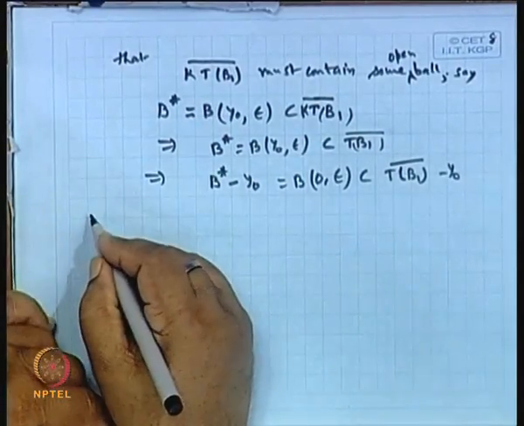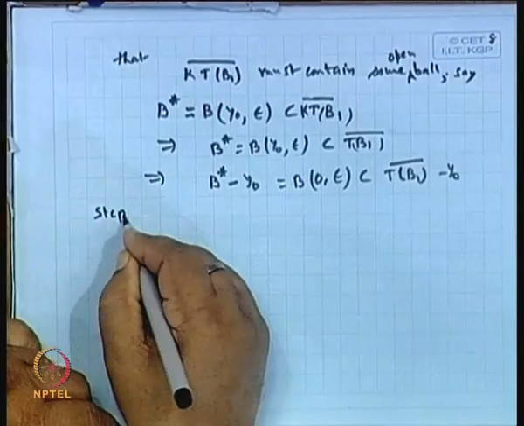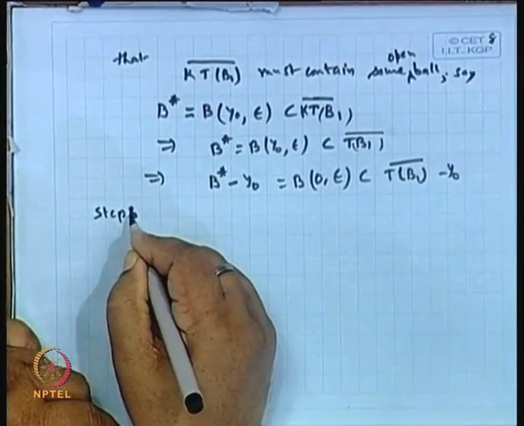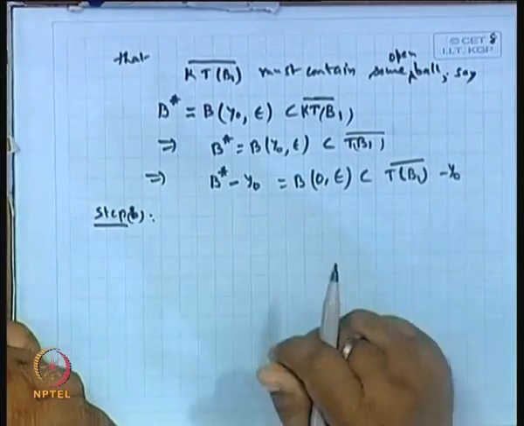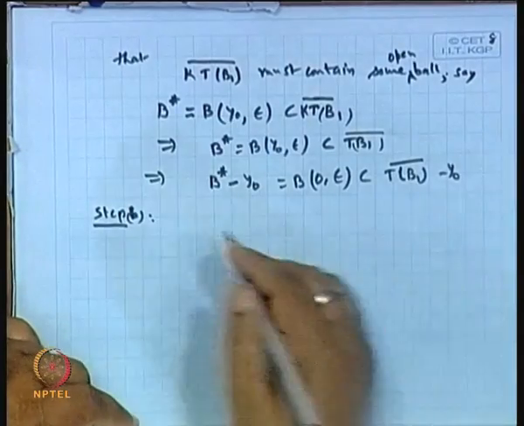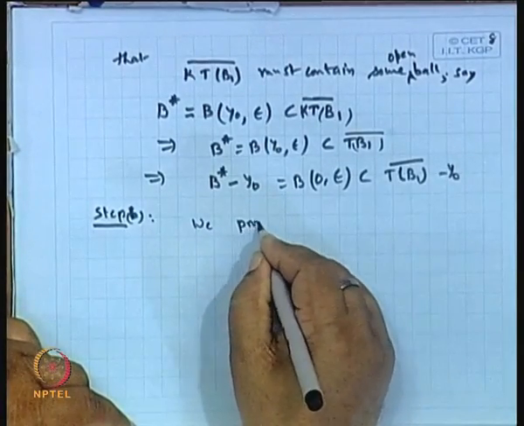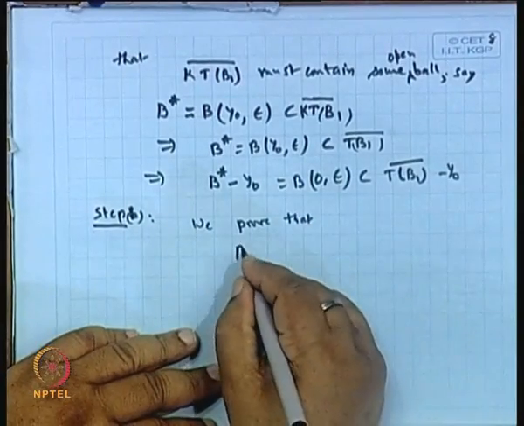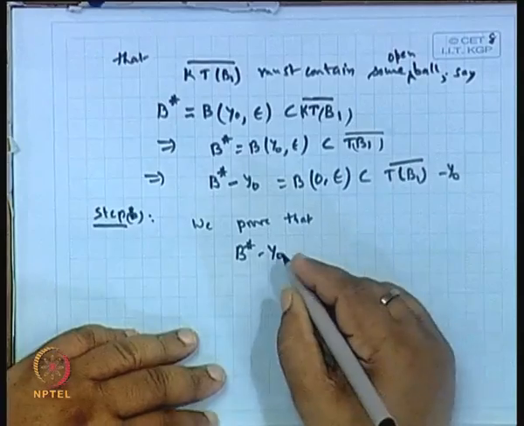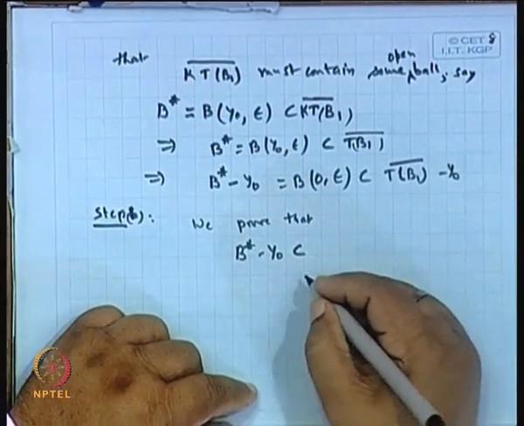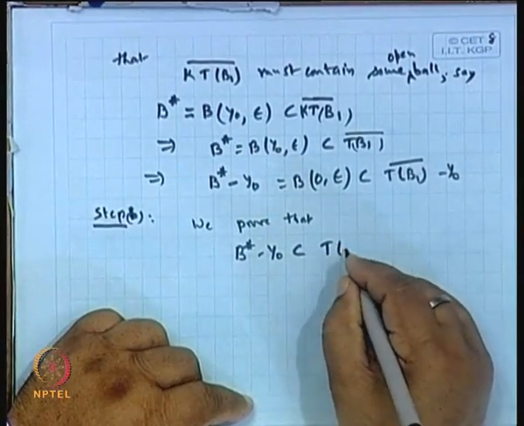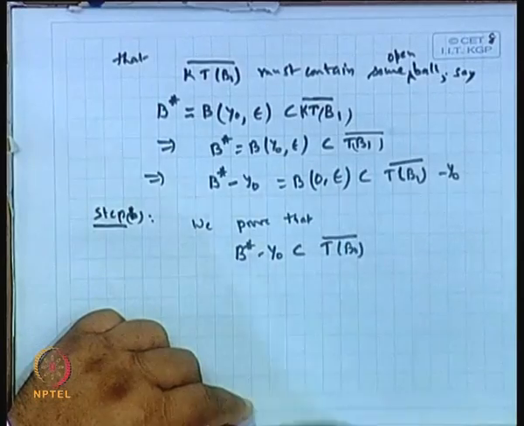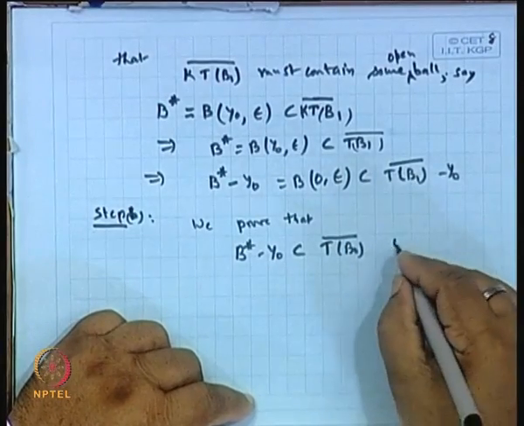Now, the second step, proof of the second step. What we proved is that B star minus y naught is contained in T B. This we wanted to prove.